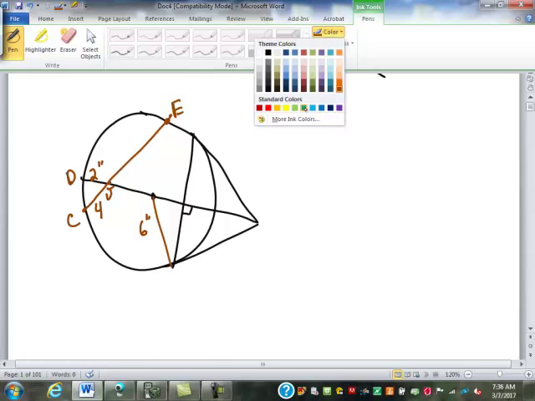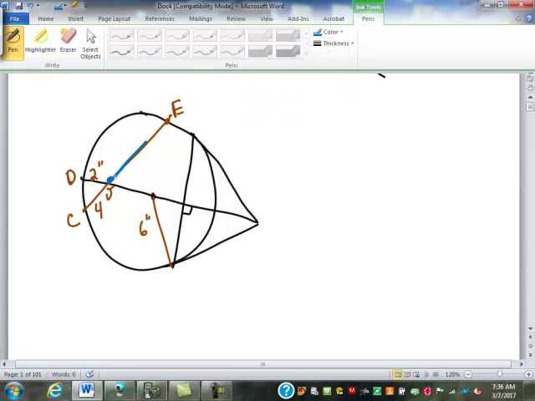So what we're looking for is this length from here to here. We have intersecting chords, so if we knew this length here, it would be 2 times that length equals 4 times, if I call that x, it would be 4 times x, right? Do I know this length?